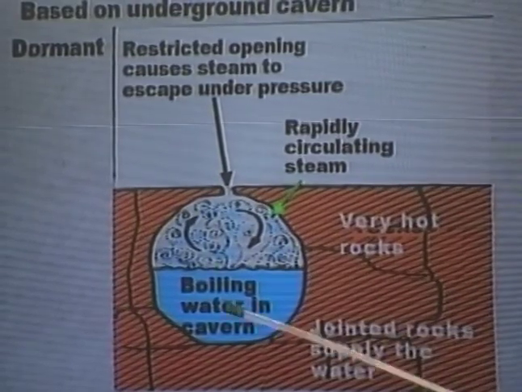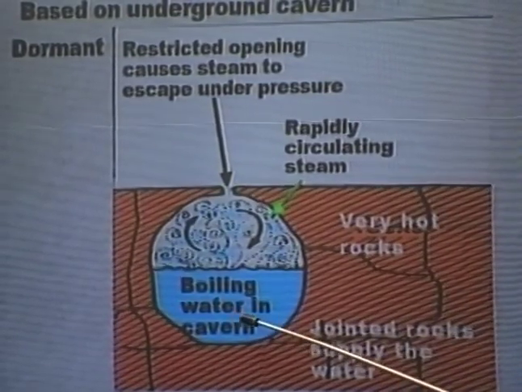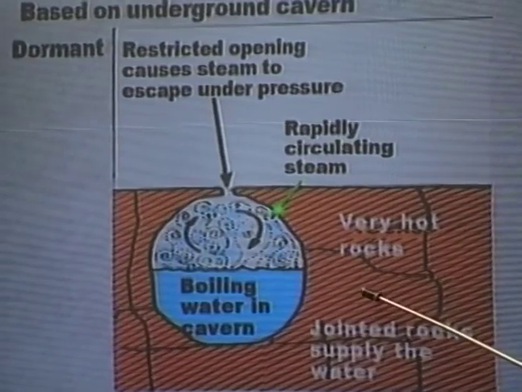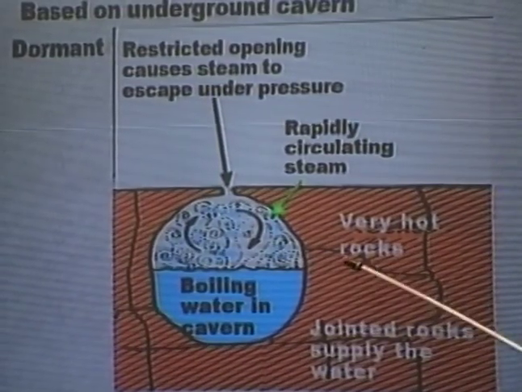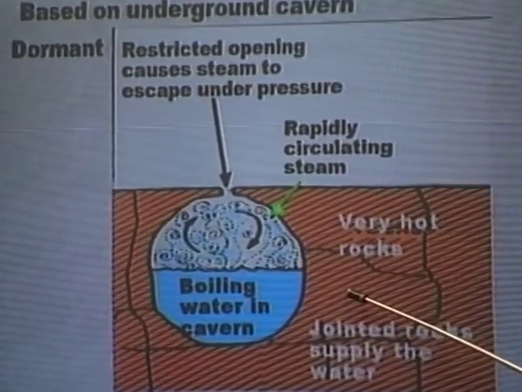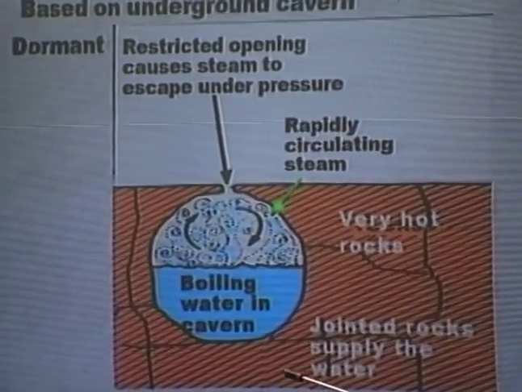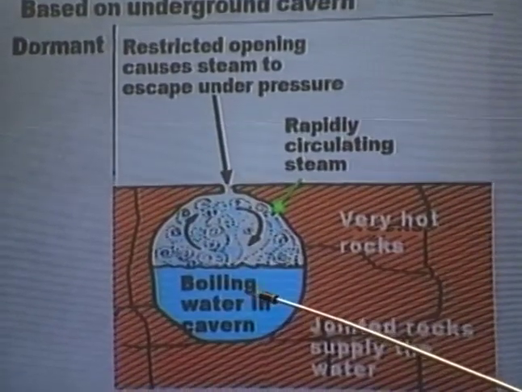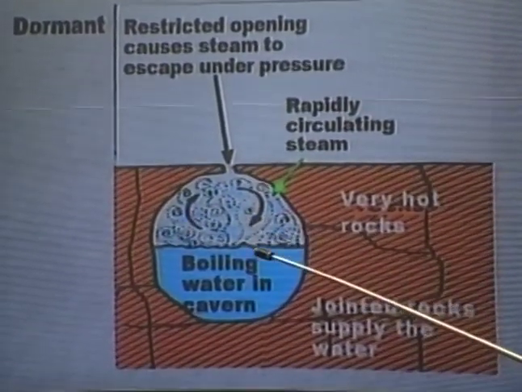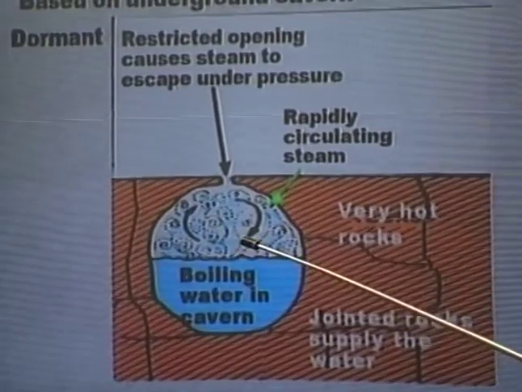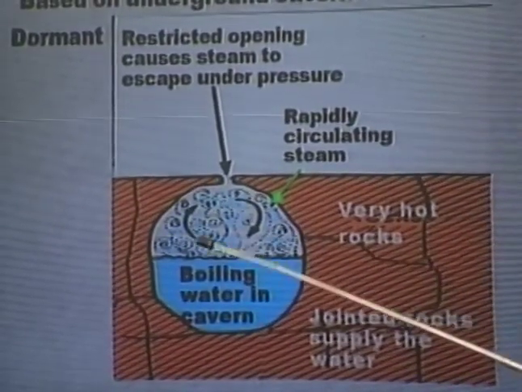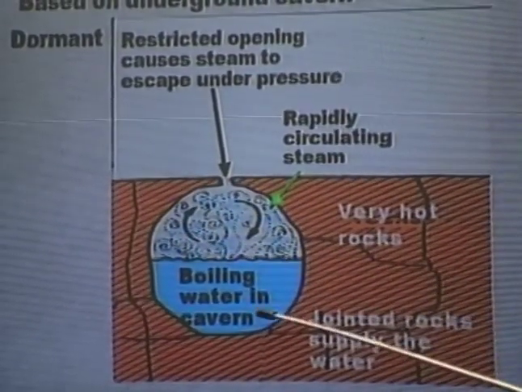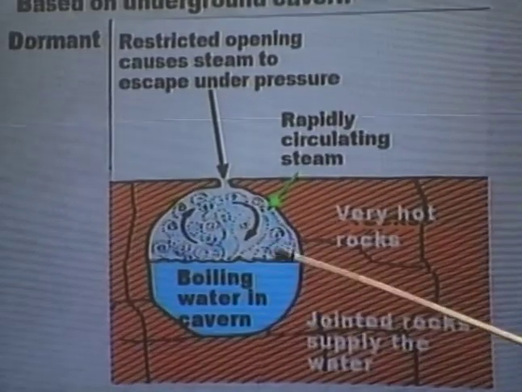So the water gets collected, the water gets to be heated by the surrounding rocks, of which those rocks are closer to where volcanic activities are, resulting in them being hotter, resulting in them heating up the water. And then what happens is that when the water is heated, the water inside this particular feature known as a cavern starts to circulate.